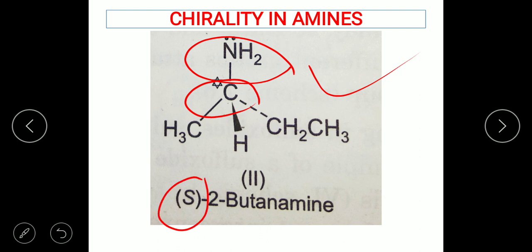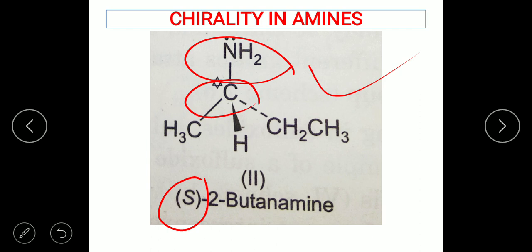So this butanamine can be obtained as a pair of enantiomers, because in this we do not see a stereogenic nitrogen, but we are seeing a stereogenic carbon in them. Amine is present in this structure. Hence the chirality is due to the presence of the stereogenic carbon, and they can be easily resolved into the two enantiomers which have different configurations.